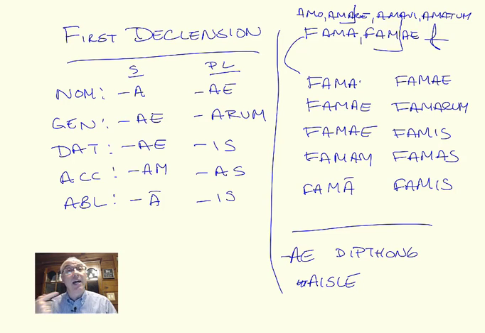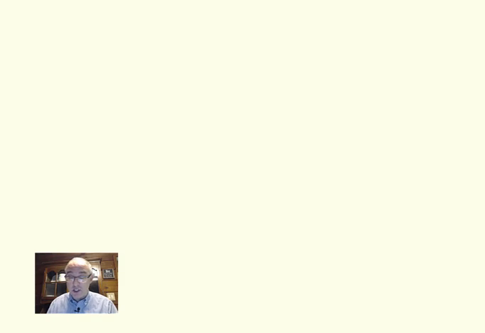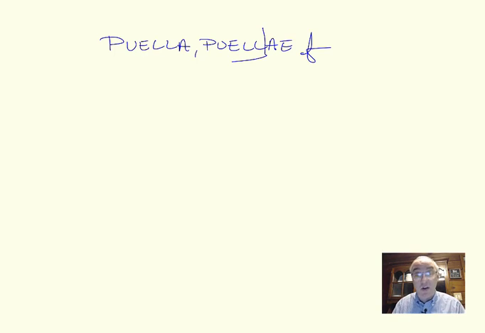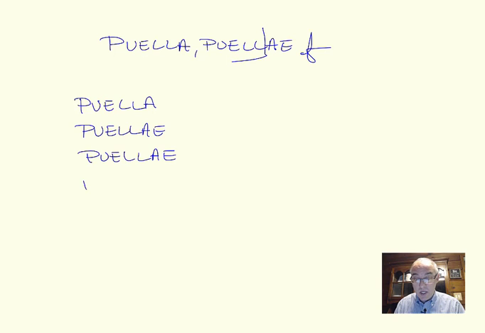Let's decline another noun of the first declension. The dictionary entry is puella, puellae, feminine. It means girl. We get our stem by taking the ae off the genitive ending. Puella, puellae, puellae, puellam, puella.